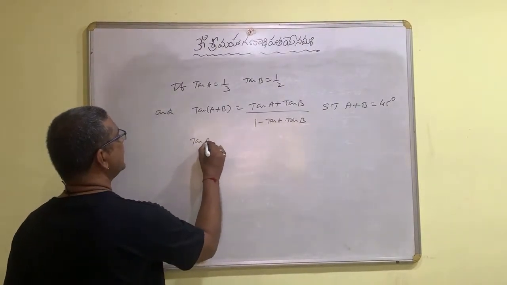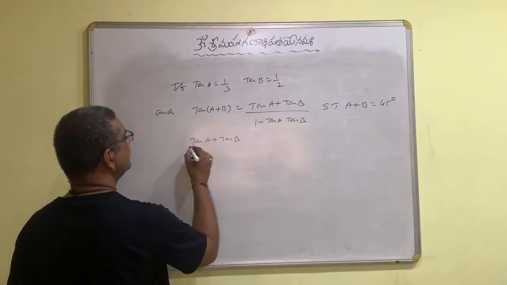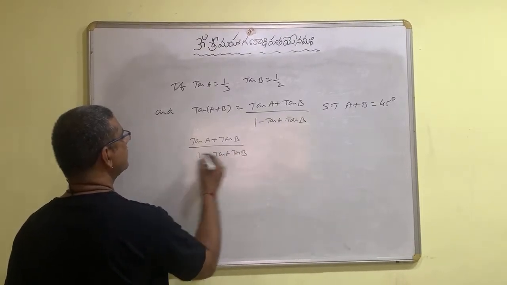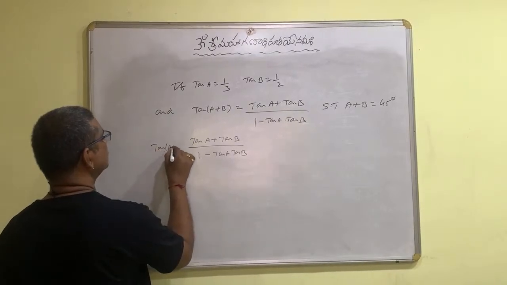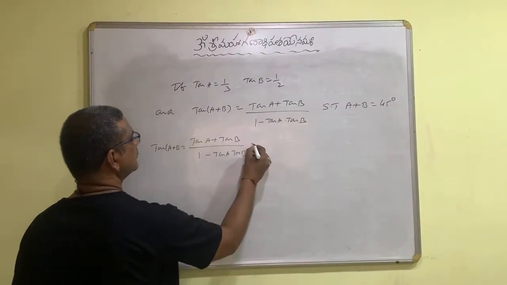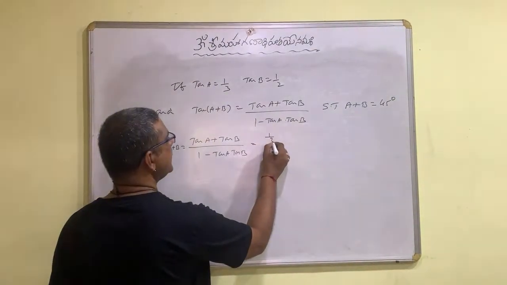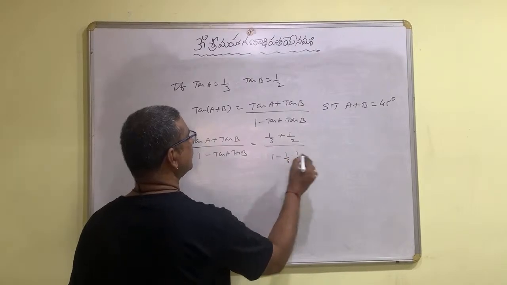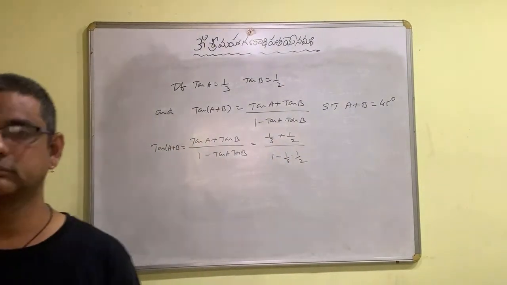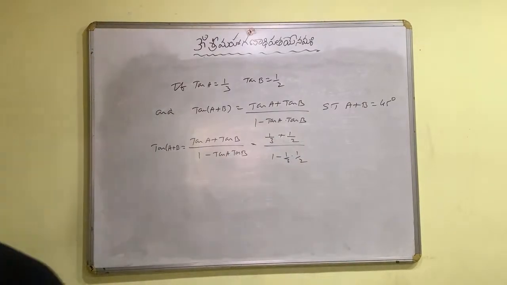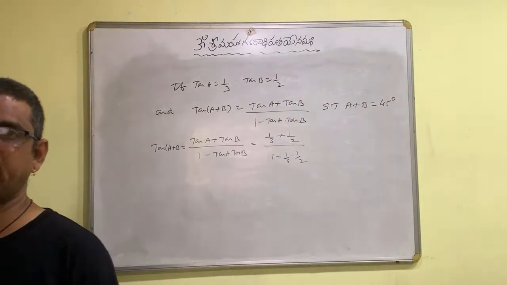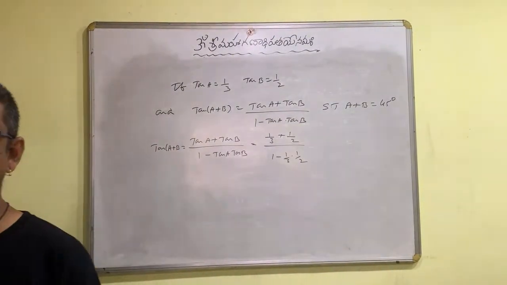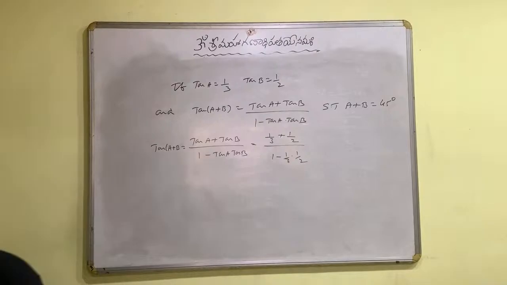Consider tan(A plus B) equals tan A plus tan B by 1 minus tan A tan B. So 1 by 3 plus 1 by 2, divided by 1 minus 1 by 3 into 1 by 2.